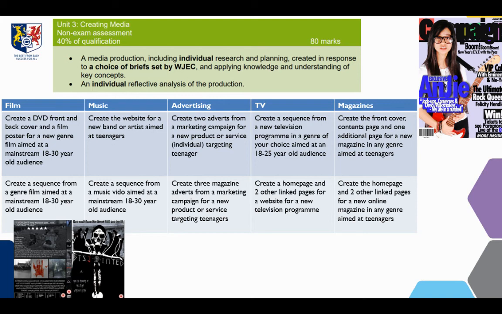You could create magazine adverts for a marketing campaign for a new product or service. You could create a sequence from a new television programme, or create a homepage and two other link pages for a website. It's very much divided into print and video. Depending on what you're interested in and your skill set, you can choose something that works for you.